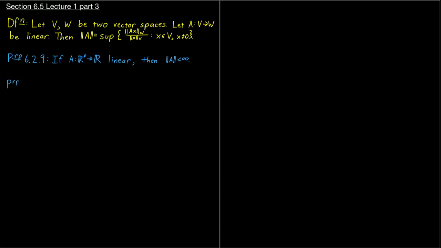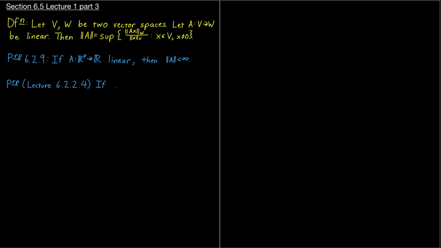Here is another proposition. It's not in your book, so I'll just give you the lecture number where we discussed this. This showed up in section 6.2, lecture 2, part 4. So we'll call that lecture 6.2.2.4.